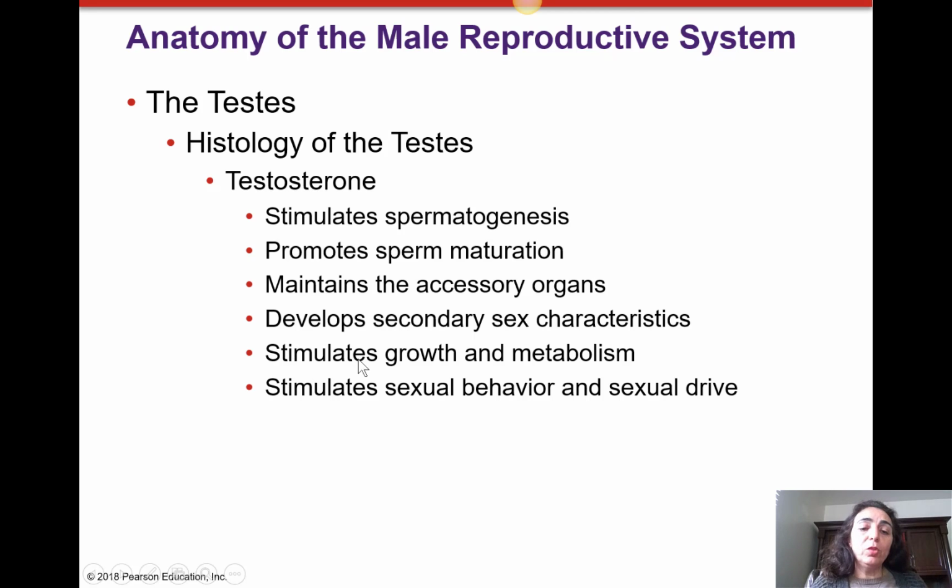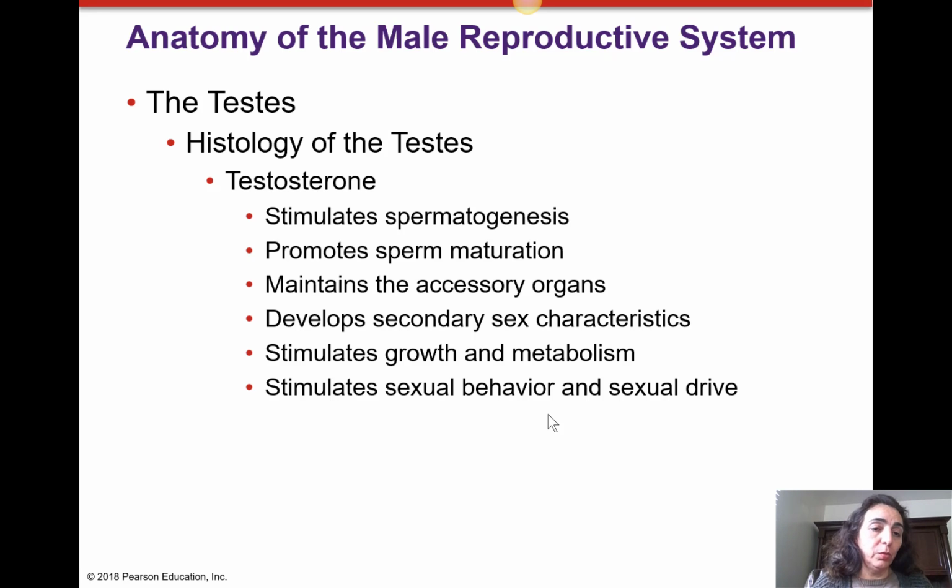And then it stimulates growth and metabolism in general, and it stimulates sexual behavior and sexual drive. Those behaviors are necessary for the reproductive system to be completely functional and serve its main purpose, so that the two sexes can be driven toward each other, and all those sexual behaviors make the production of the zygote happen.